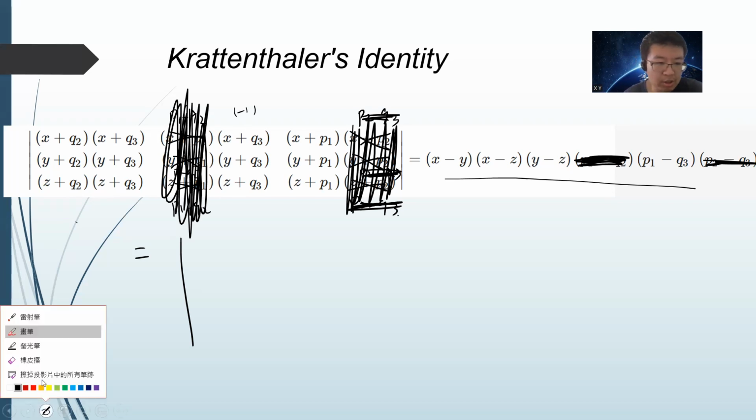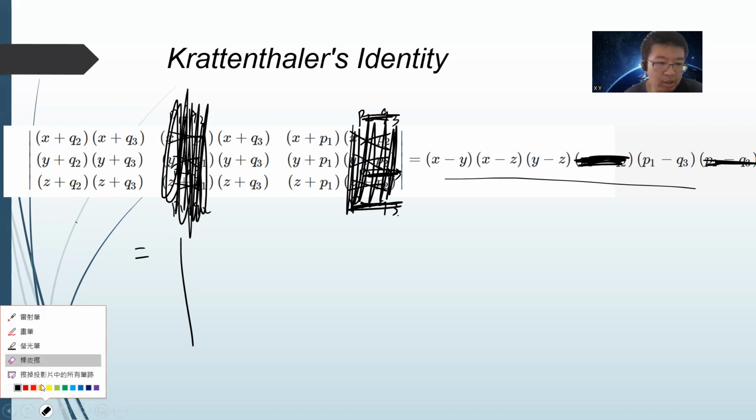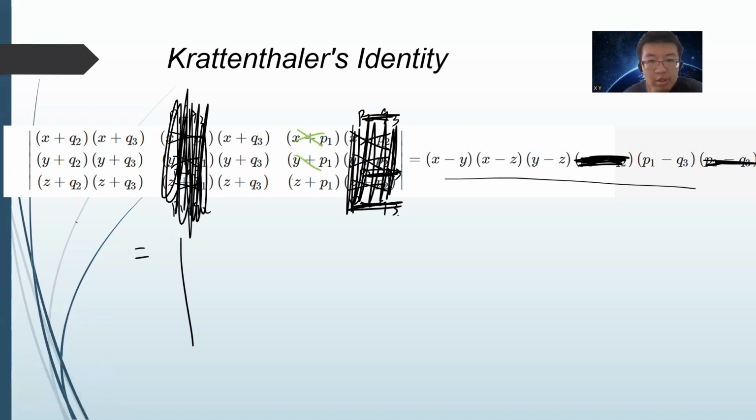Then I get p1 minus q3 in each entry, so I delete all the p1 minus q3. The remaining third column becomes 1, 1, 1.